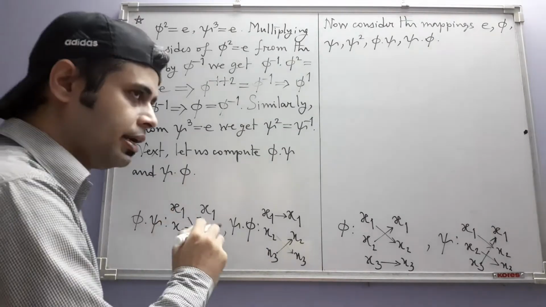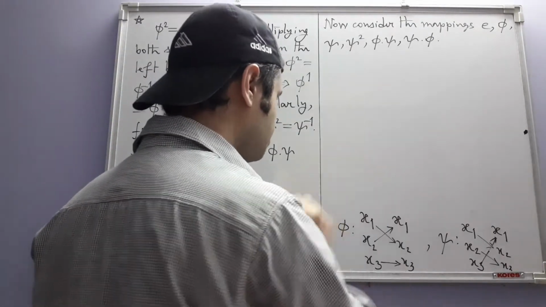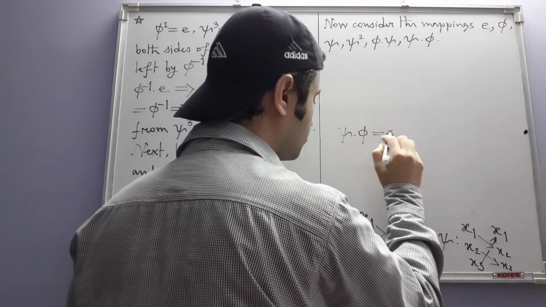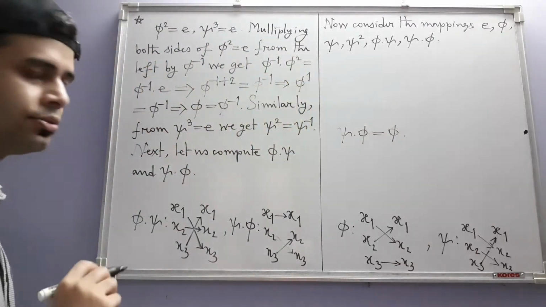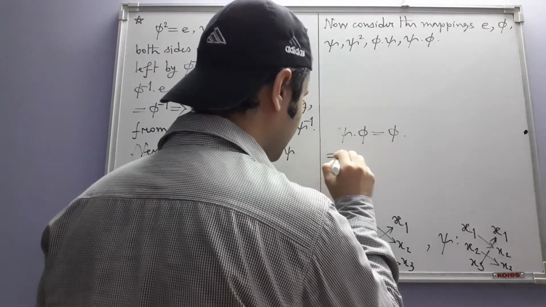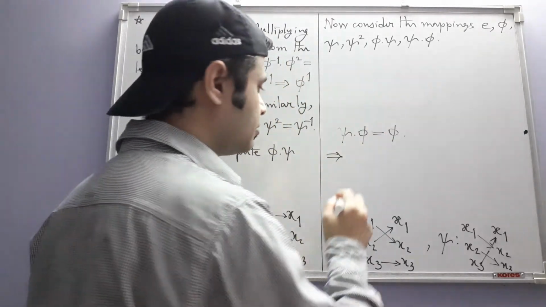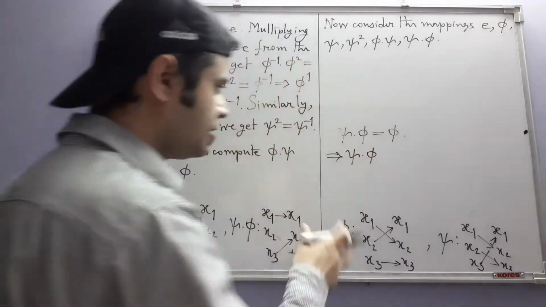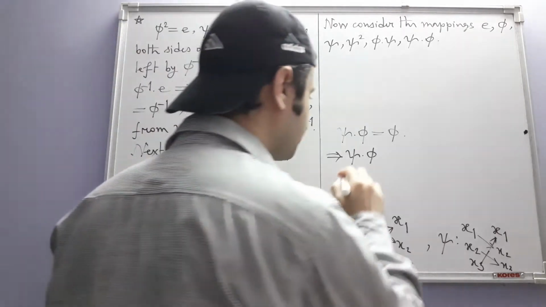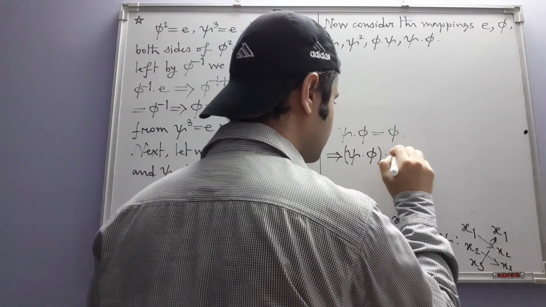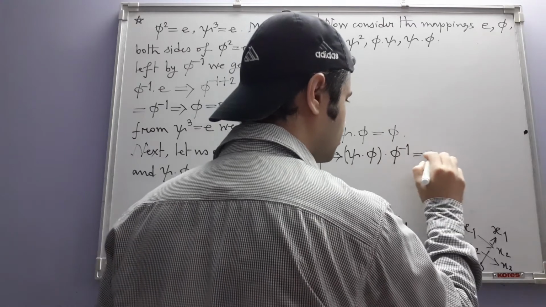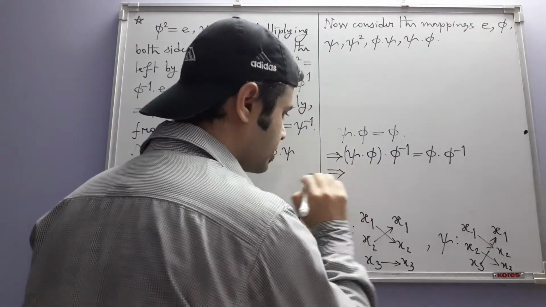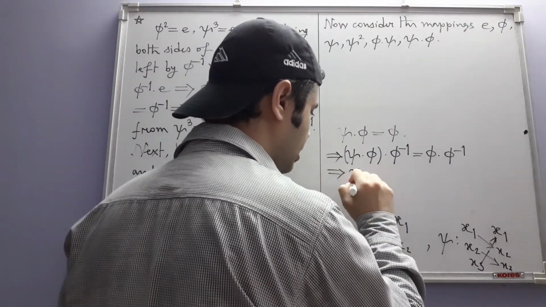Another way to verify that they are different is this. Suppose they are not different, then we will have this. What you then do, you multiply on the right hand side by phi. Sorry, I mean phi inverse. In this case, phi inverse and phi are same, so we can multiply by phi if we want. Then you can use the associative law to write this term like this.